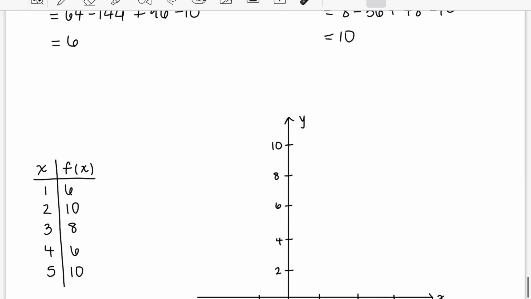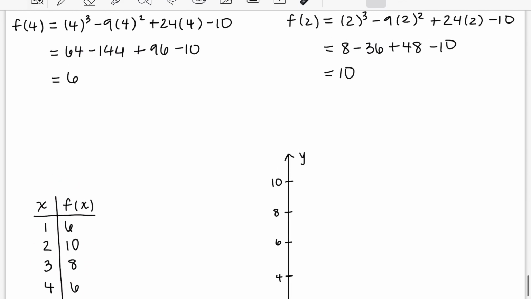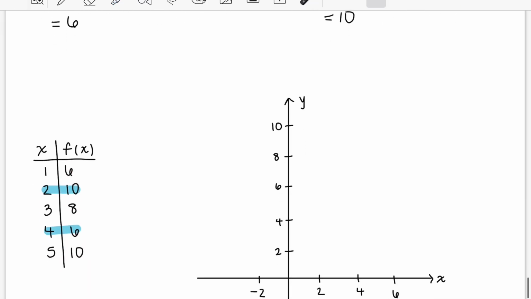So I've already plugged in some points for this, and we do know we have a local max and a local min here. And so what we can do is use that information along with these points here to plot our graph. So we know when x is equal to 2, we have a maximum at 10, and then we have a minimum when x is equal to 4 at 6 here.